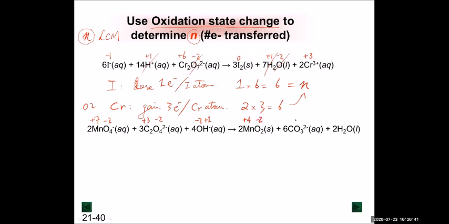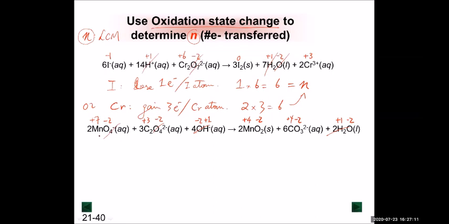Oxygen -2, and here oxygen -2, carbon +4. And the last one, hydrogen +1, oxygen -2. With this, same thing, we notice oxygen doesn't change, hydrogen doesn't change. Now we only look at the element whose oxidation state changes from the reactant to the product.